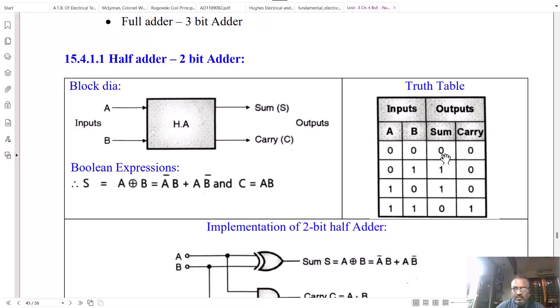The truth table of the half adder is shown. When both the inputs are 0, the sum is 0 and carry is also 0. When A input is 0 and B input is 1, the sum is 1 and carry is 0. When A is 1 and B input is 0, then also sum is 1 and carry is 0.